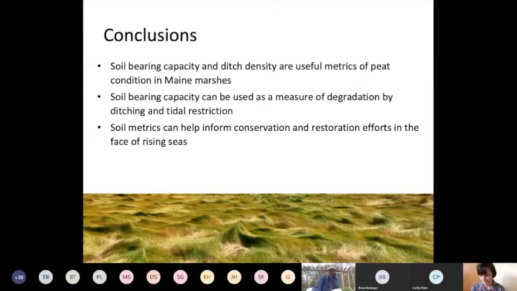And lastly, I think that the big picture goal of this work is really to use assessment methods as tools to identify conservation and restoration needs in places that are critical but very vulnerable. And so hopefully assessing the condition of these peat platforms is a step towards figuring out how to give these salt marshes a fighting chance in keeping pace with rising seas.